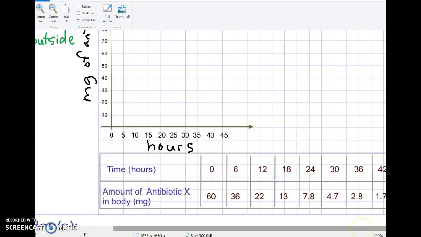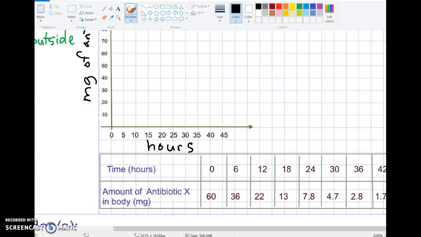I'm going to say at 0 hours, meaning when I just get the antibiotic, I have 60 milligrams. At 6 hours, I have 36 milligrams. At 12 hours, 22 milligrams.